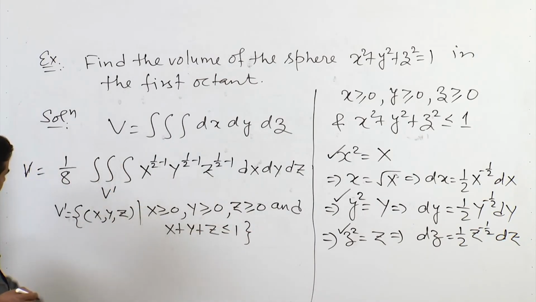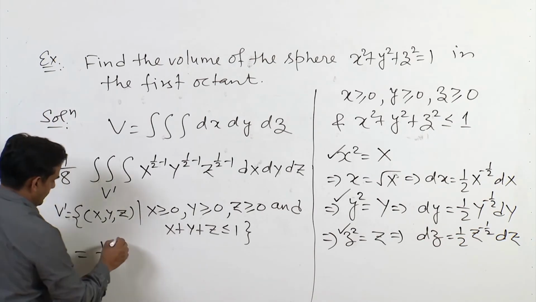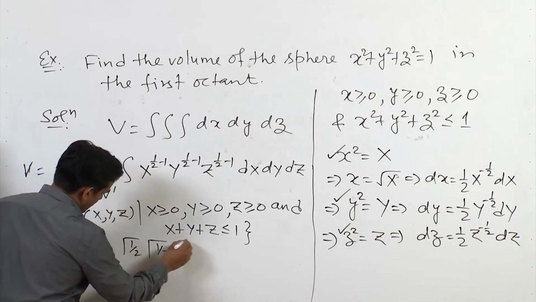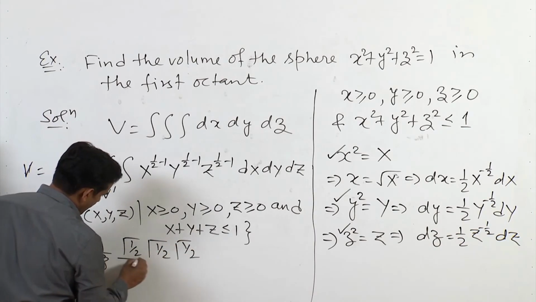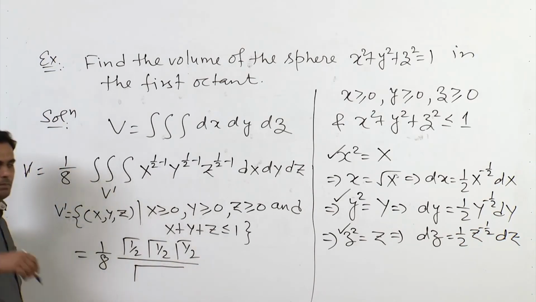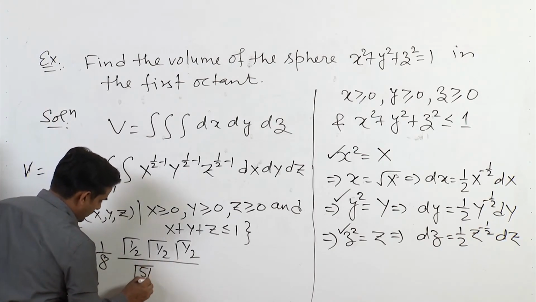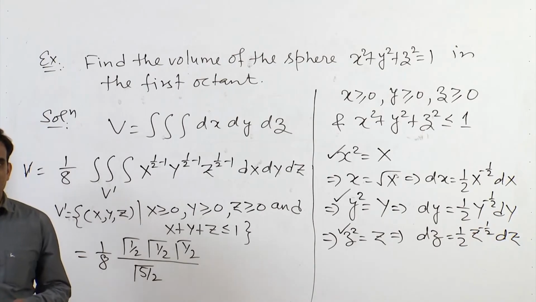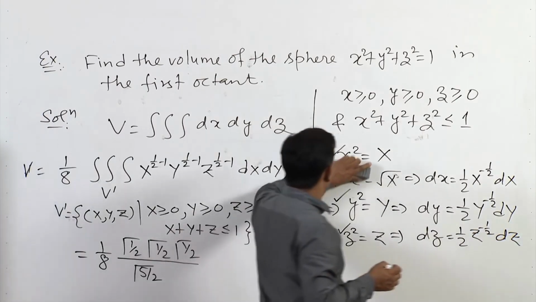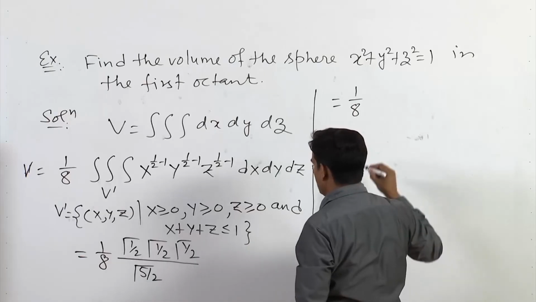So, by the Dirichlet integral formula, this will be equal to 1 by 8 gamma half gamma half gamma half upon gamma half plus half plus half plus 1. So, it will be gamma 3 by 2 plus 1, that is 5 by 2. You can simplify it. So, this will become 1 by 8.